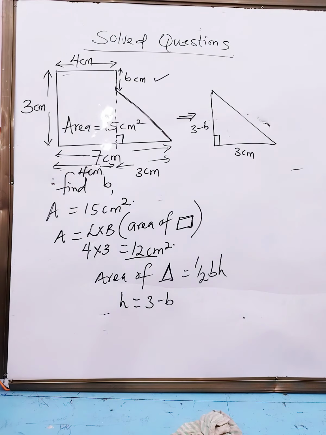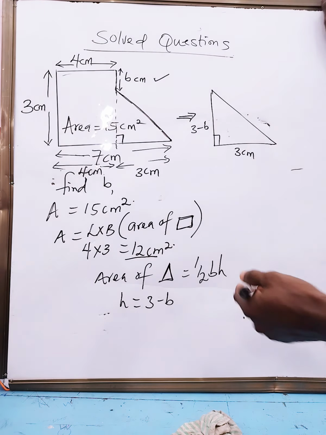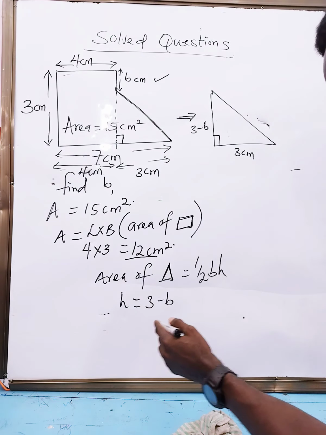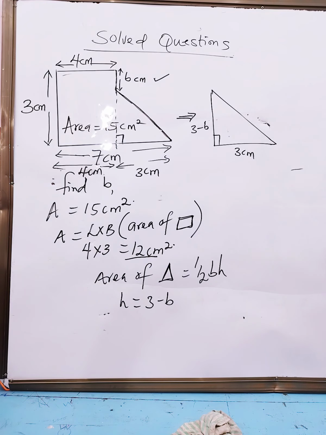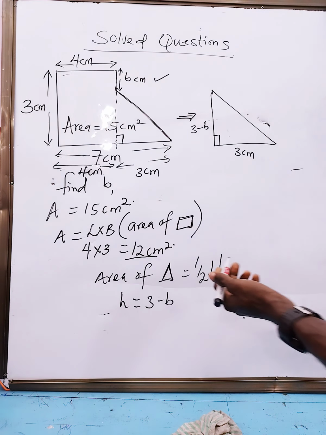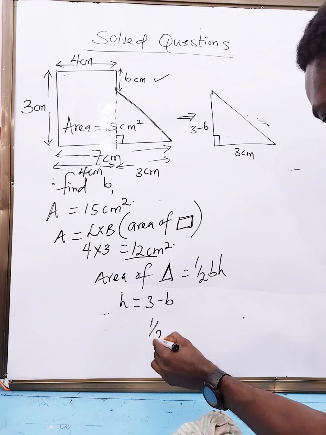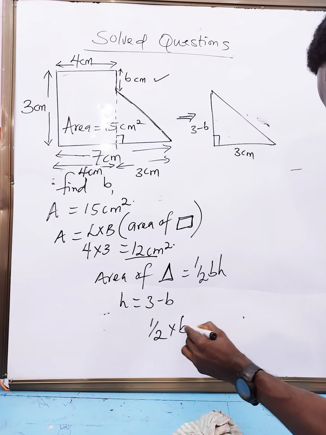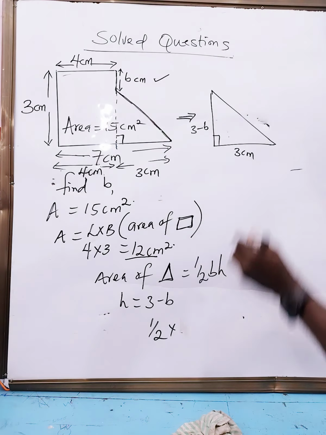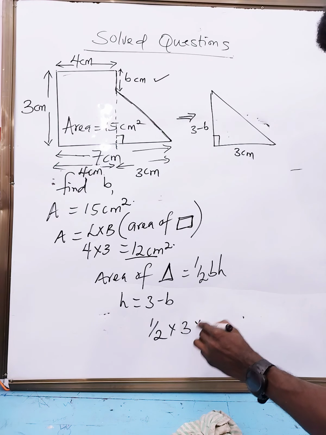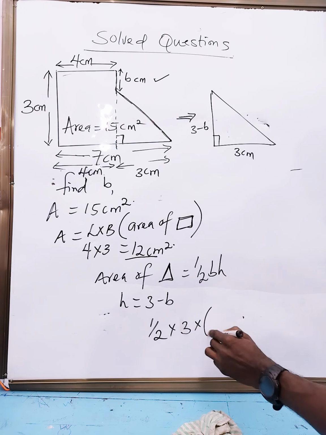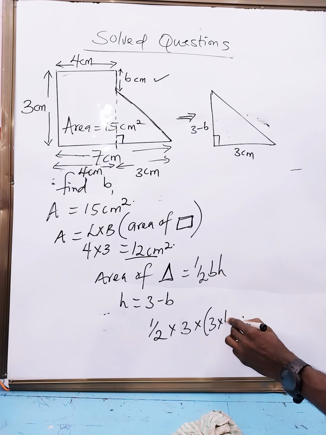And we said it's half base times height. So if we are to put in the values of b and h, we have half times our base, which is 3.